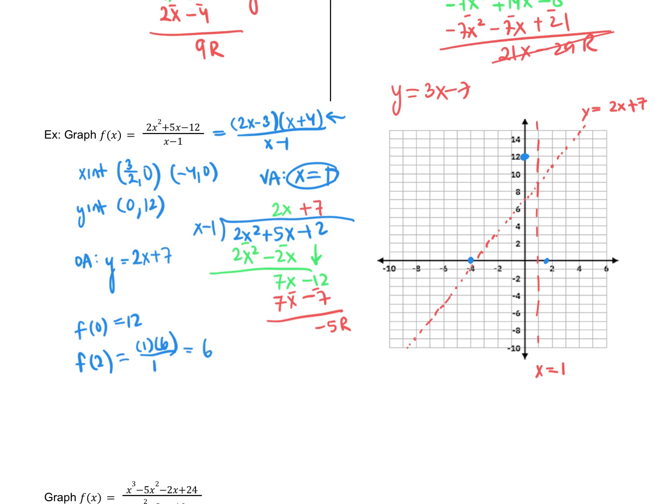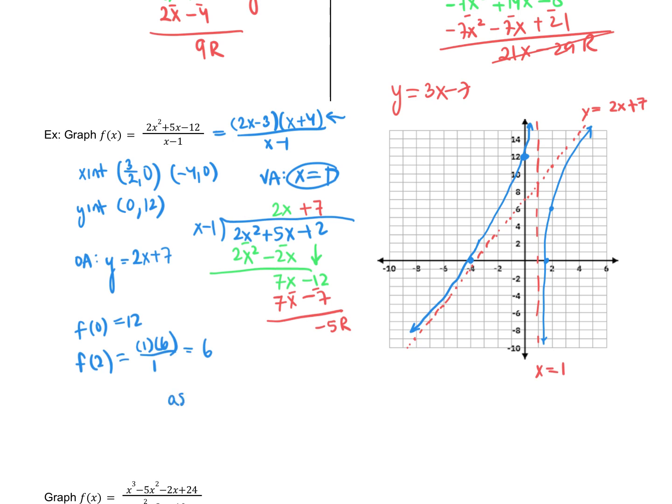So 2, 6. And now I have a general idea that I'm just going to follow the asymptotes. Something like this.